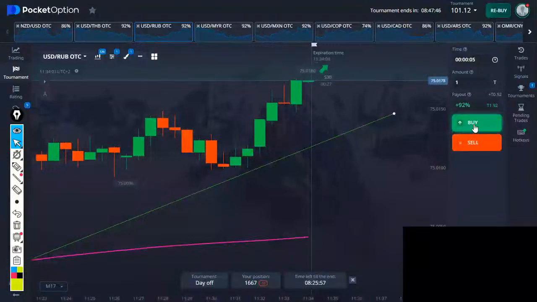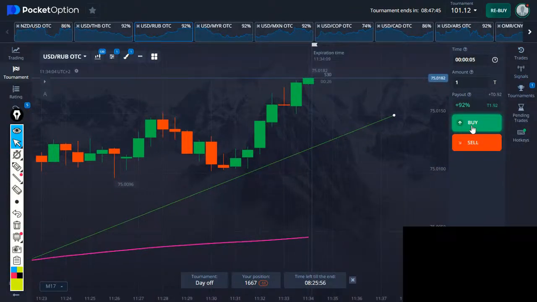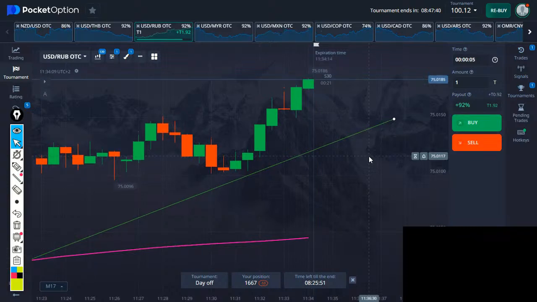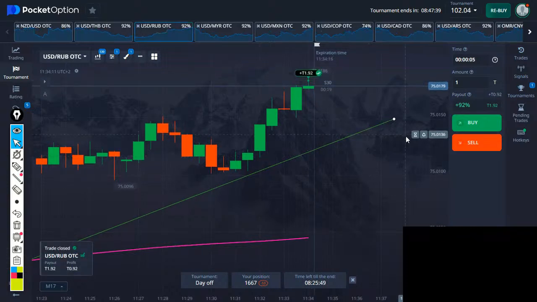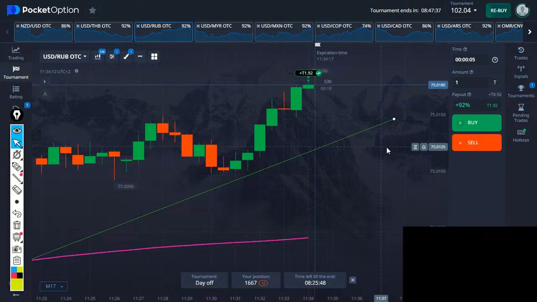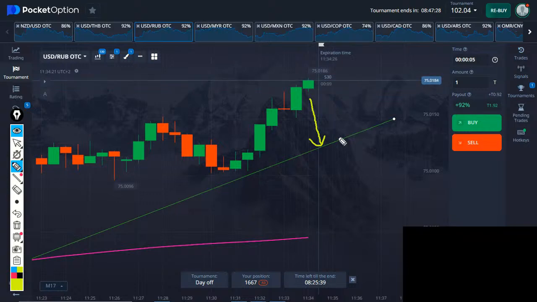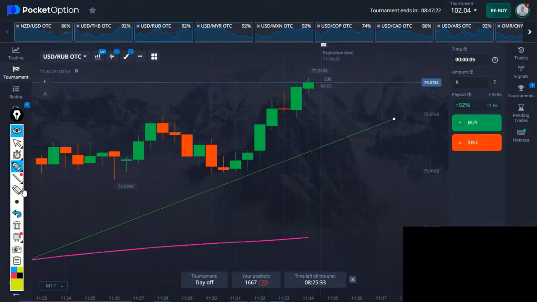Okay, we have green. Green. We go for a buy. And that's a win. Beautiful. We'll wait for the next bar to open. Now, the pair might push back to this trend line. From this point, you will have the highest probability chances of winning trades.